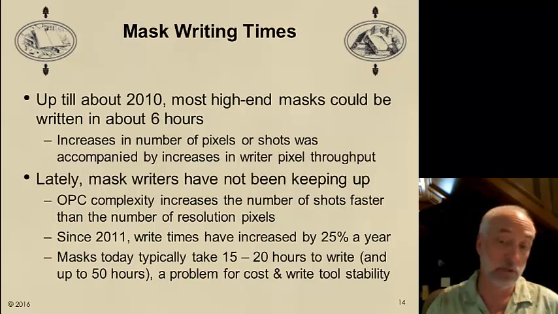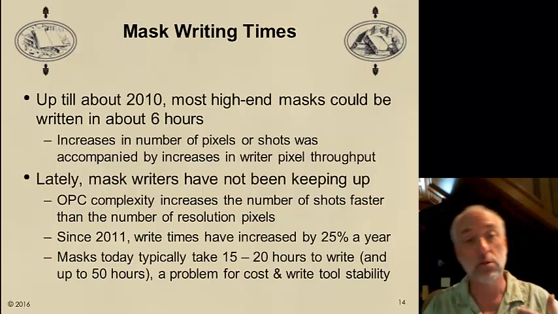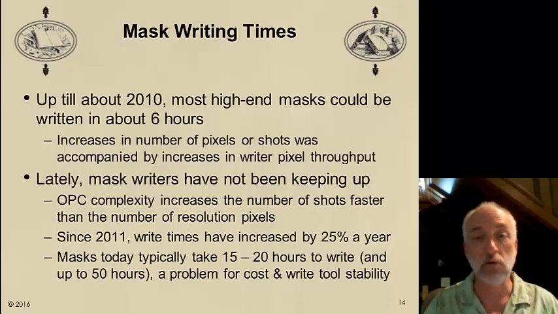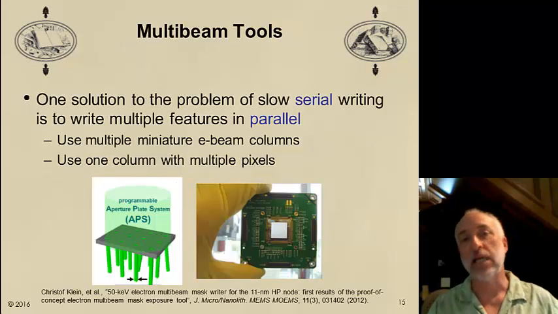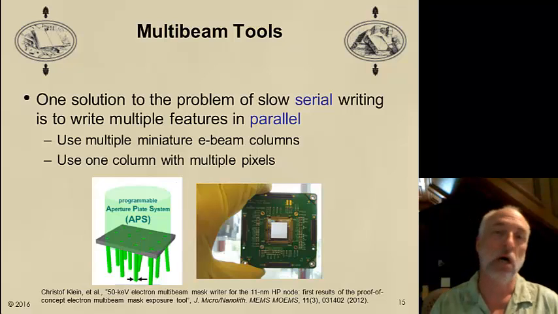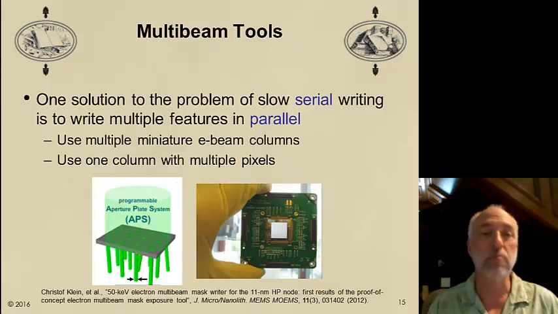And as a result, we're looking at breaking out of the paradigm of a single beam for our mask writing. Many companies have multi-beam tools under development today. Slow serial writing can be sped up if we write multiple features in parallel instead.